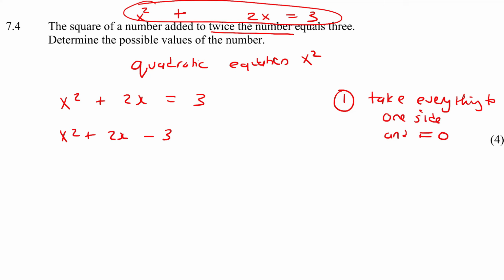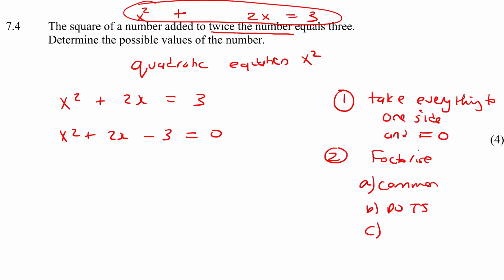So I'm going to bring that 3 over. Step 2, factorize. And factorizing could be multiple things. Let's say A, it could be common factor. It could be difference of two squares. It could be a trinomial. Or it could even be grouping.